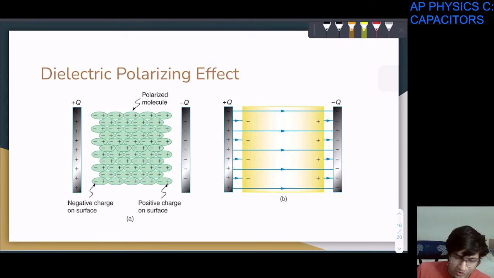So you end up getting a field, and it's going to reduce the strength of the field, which then affects the voltage.